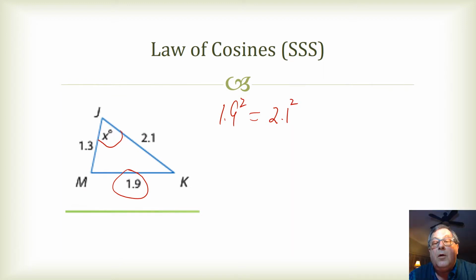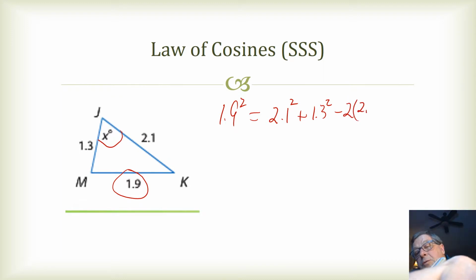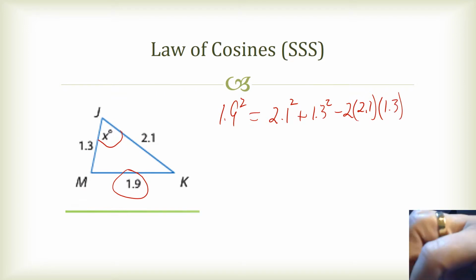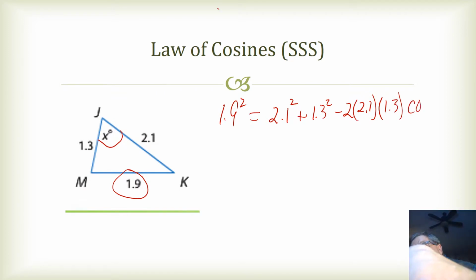I always like to put the largest side first. It doesn't really matter, but I like it that way. Plus 1.3 squared minus 2 times 2.1 times 1.3 times the cosine of X.